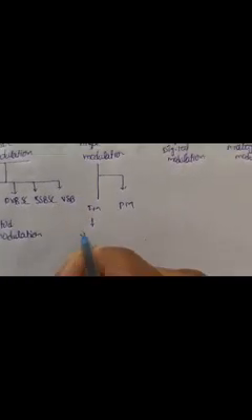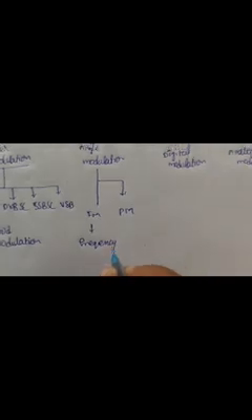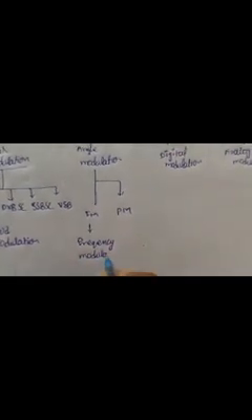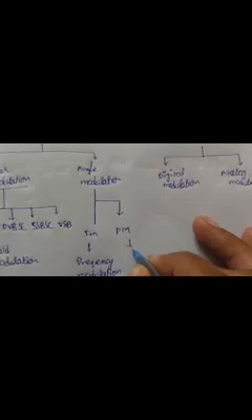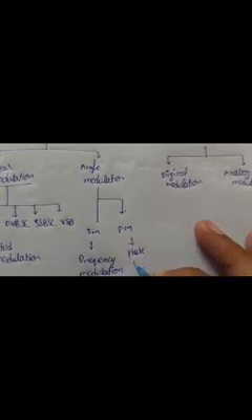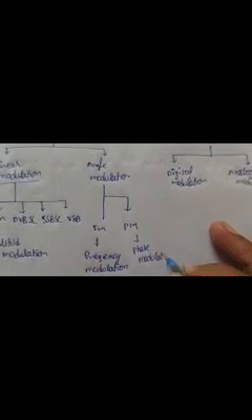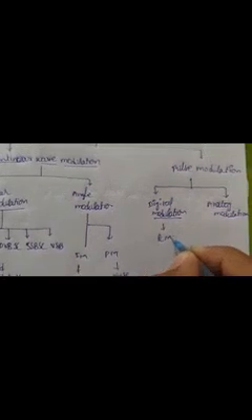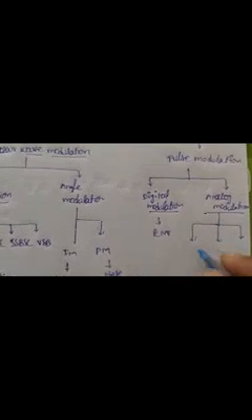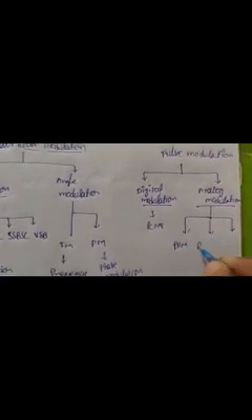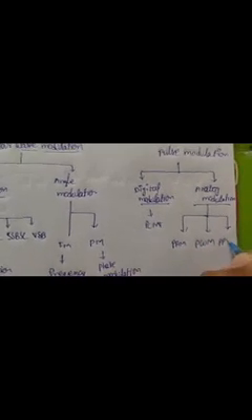Frequency modulation and the second one is phase modulation. This digital modulation is classified into a single type, PCM, and analog modulation is classified into three types, PAM, PWM and PPM.